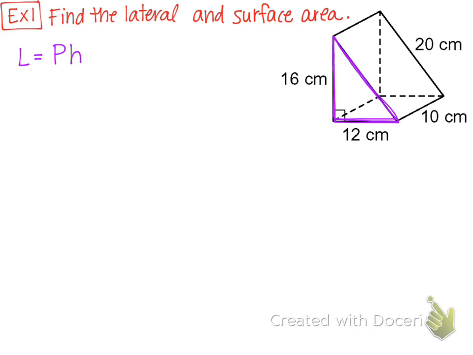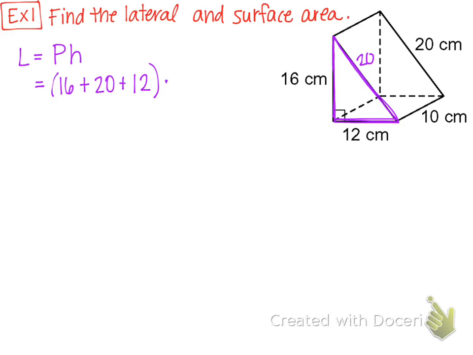Well, if this guy right here is 20, then this one must be 20. So we can add together 16 plus 20 plus 12, and we'll get the perimeter of the base. Then we're going to multiply it by the height.